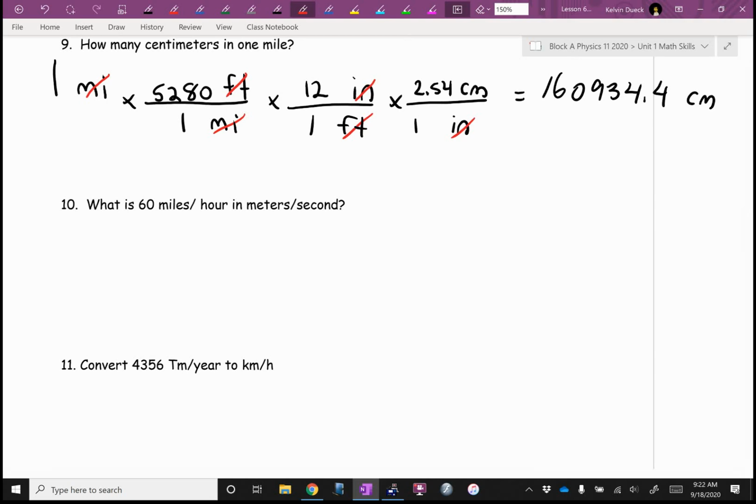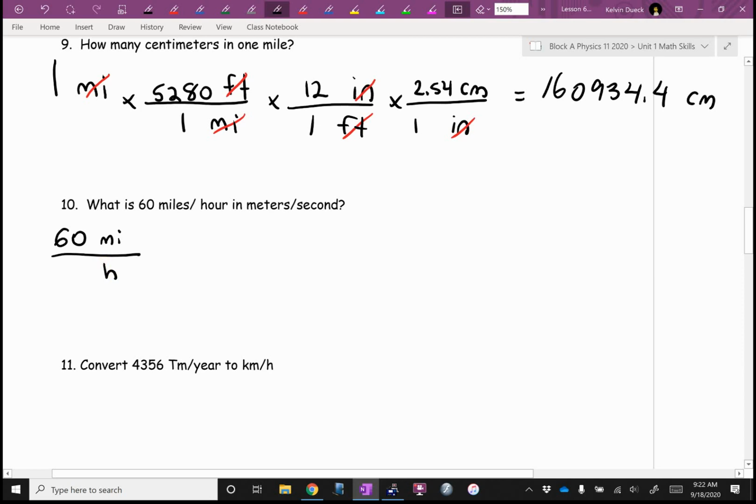But for now, how am I going to start? Write down what they gave, darn right. And I'm not going to write MPH because I want to keep the fraction. I'm going to write it like this, 60 miles per hour.